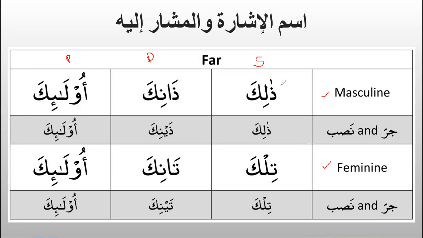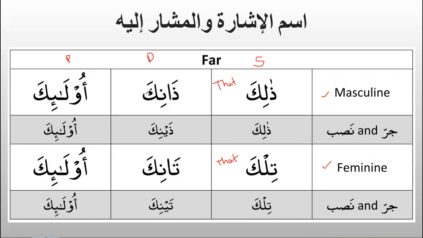Dhalika, dhanika, ulaika, tilka, tanika, ulaika. Dhalika means "that." These are used for distant objects. Dhalika is "that" for masculine. Tilka is the same, "that," for feminine singular.